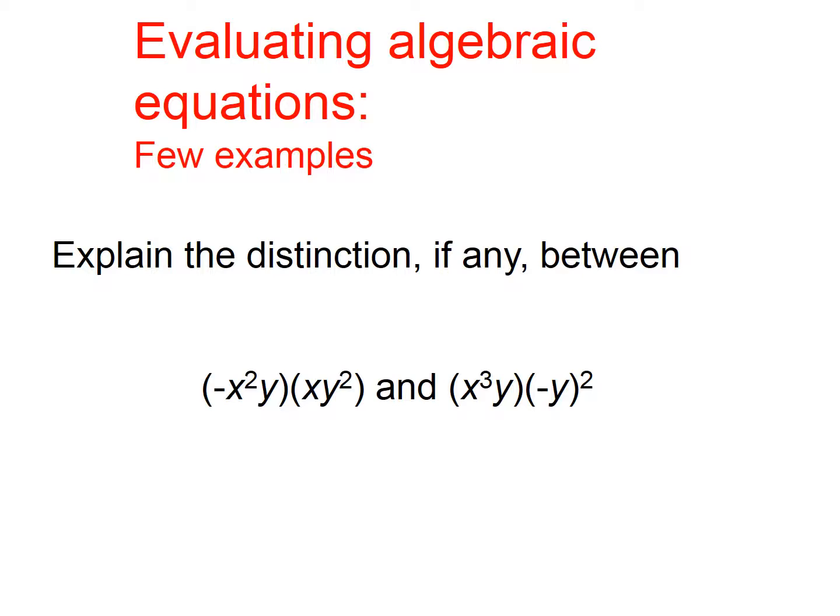So in this case it would be plus 1 times y, which is the same as y, but we put that plus 1 in there to help us go through the understanding process. So it will be plus 1 times y times y times y. This one will be x cubed times y cubed, whereas the other side will be minus x cubed times y cubed. So they're subtly different.